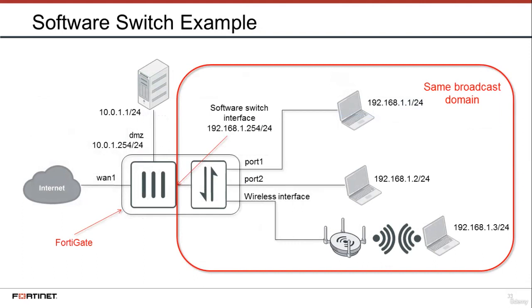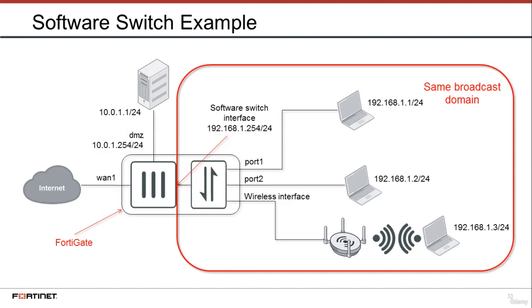This allows FortiGate to forward broadcast traffic from the wireless clients to port 1 and port 2. The software switch interface itself has an IP address which is also in the same subnet 192.168.1.0/24. This is the default gateway IP address for all the devices connected to the software switch.